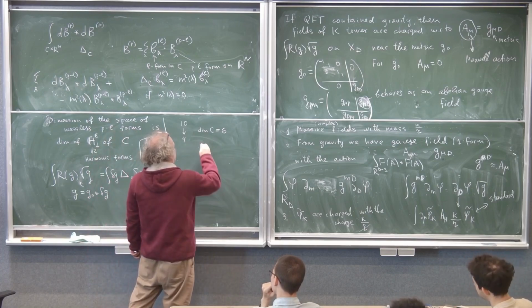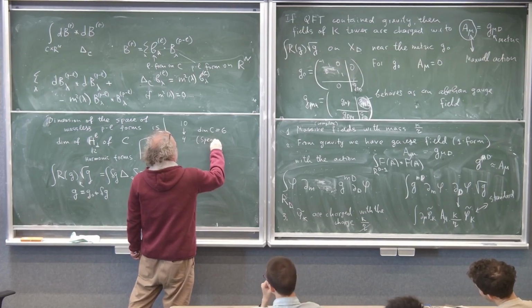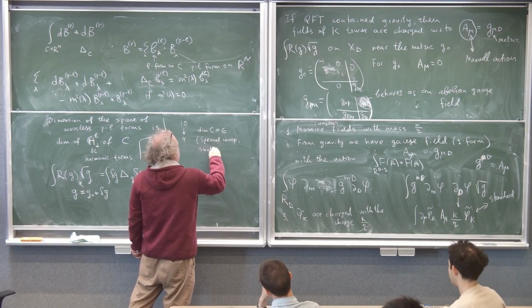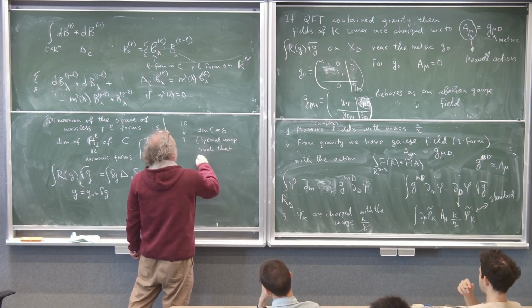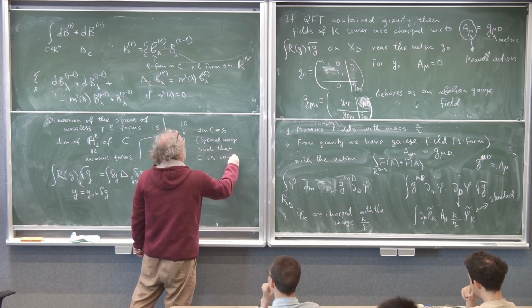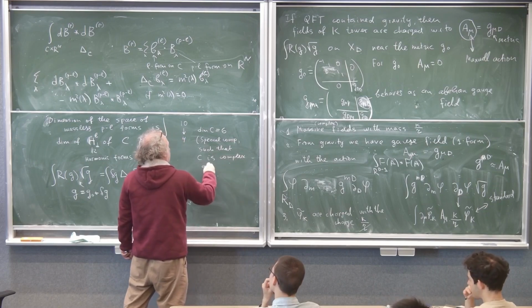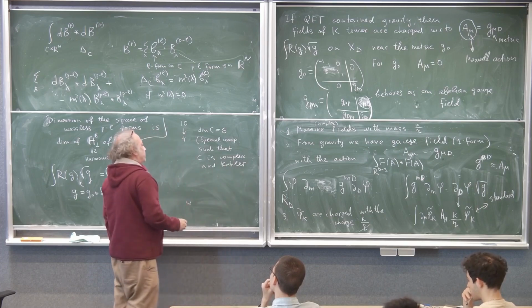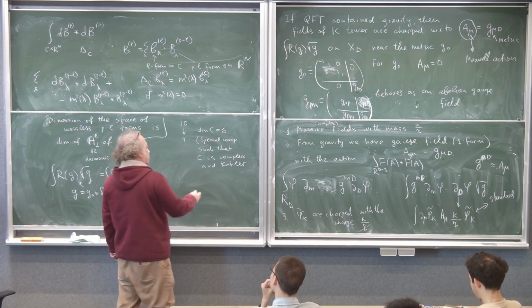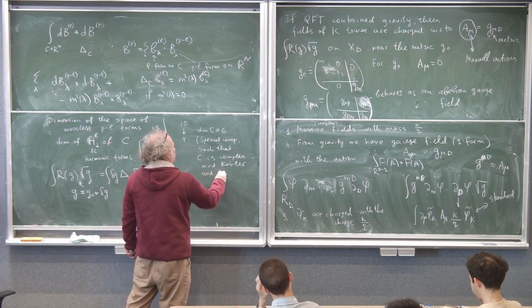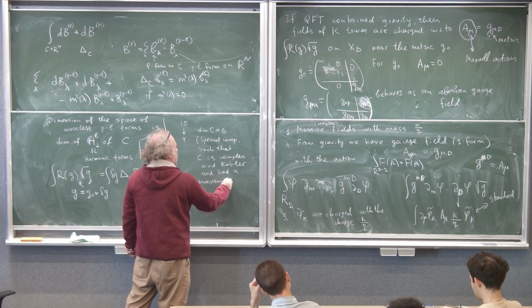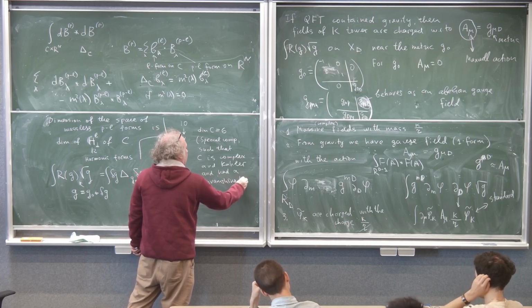And people studied special compactification, such that C is complex and Kahler, and has a non-vanishing holomorphic top form.